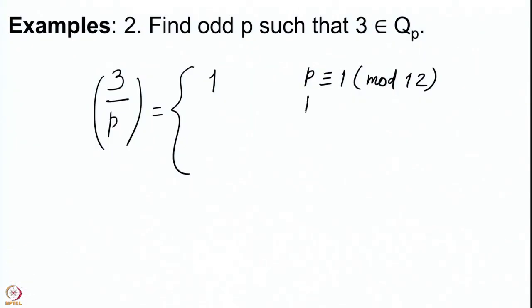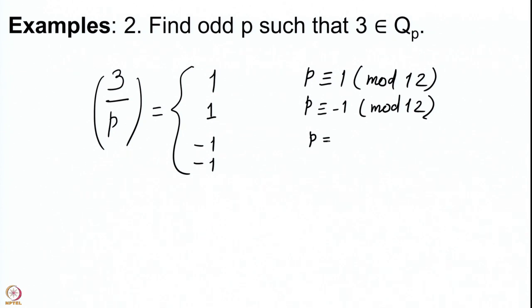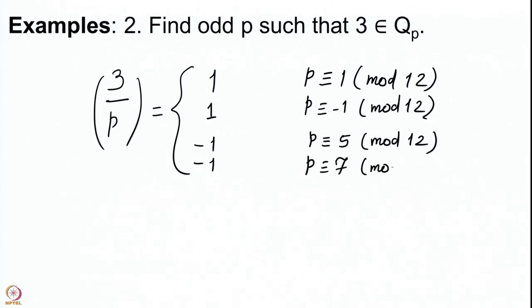Another way to see this is that both these congruence classes are given by p congruent to minus 1 mod 3 and p congruent to minus 1 mod 4. So, p congruent to minus 1 mod 12 will also give us the same thing, that the Legendre symbol is 1, and the Legendre symbol happens to be minus 1 in all the remaining cases, which are p congruent to 5 mod 12 and p congruent to 7 mod 12.